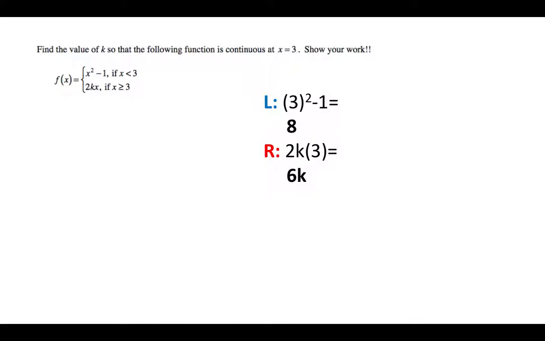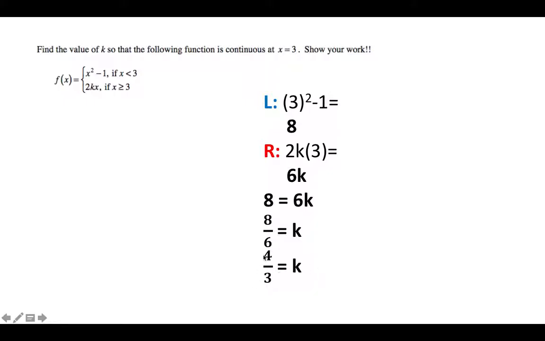So what I'm going to do is, using mathematical language, create this equality, because that's what I want. I want the left-hand limit, 8, to equal the right-hand limit, 6k. Because if I have them that they are equal, then I know I have a continuous function. So let's go ahead and solve for k. Divide 6 by both sides, reduce your fraction. So when k is 4 over 3, that is when I have a continuous function.